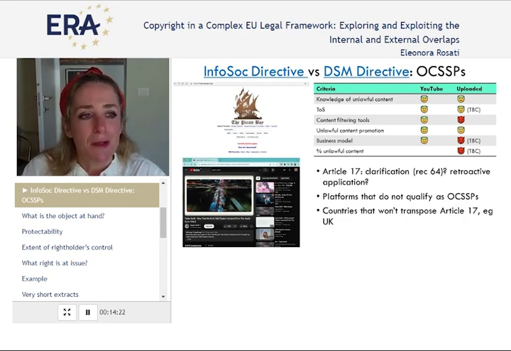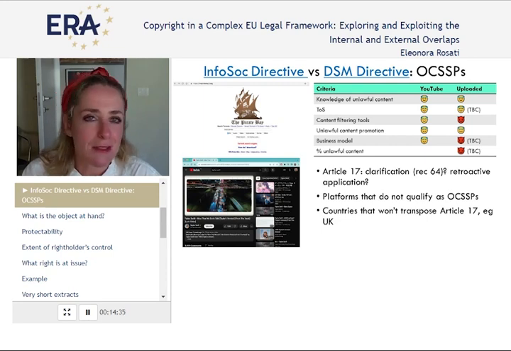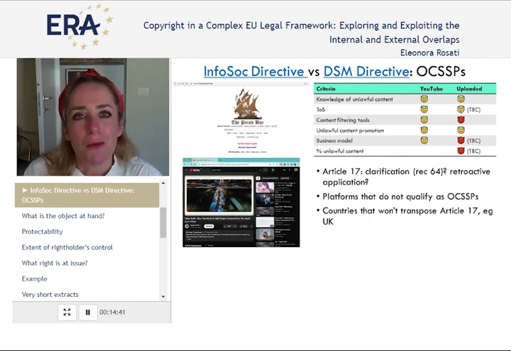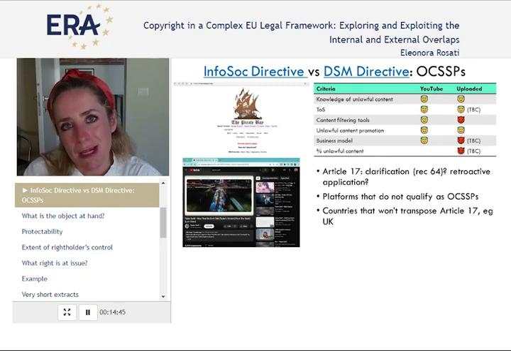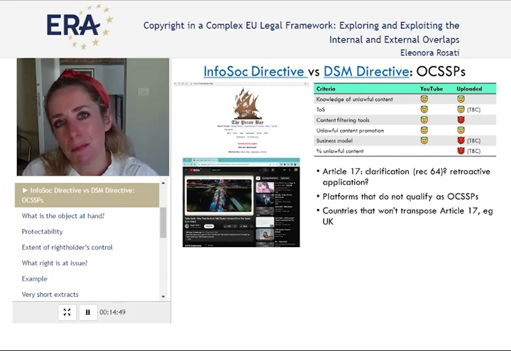Then when it comes to transparency obligations of platforms, this is an obligation imposed by the DSA, but of course, when it comes to revealing how notices are processed, how many are processed through automated means, here we have a clear connection with the requirements of Article 17 and in particular the safeguards that the Court of Justice of the European Union identified in the Polish challenge to Article 17.